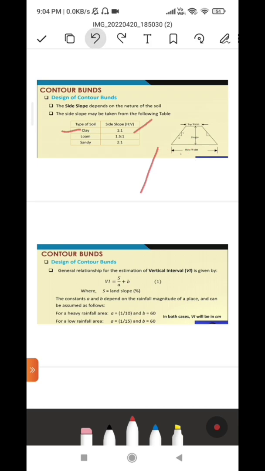When we talk about the side slope, we consider the horizontal distance by vertical, H by V, and that has different values depending on the type of soil. For clay soil, it would be 1:1, horizontal to vertical. For loamy soil, it would be 1.5:1, and for sandy soil, it would be 2:1.